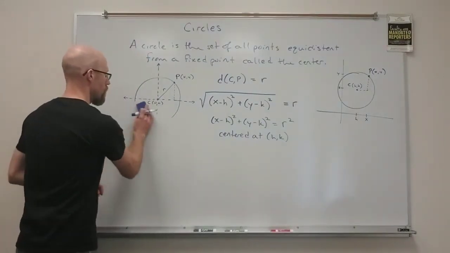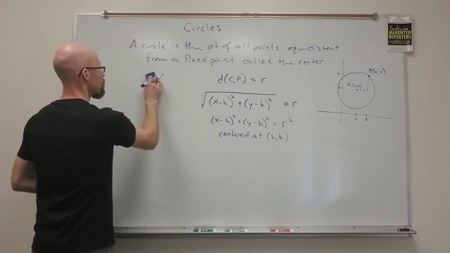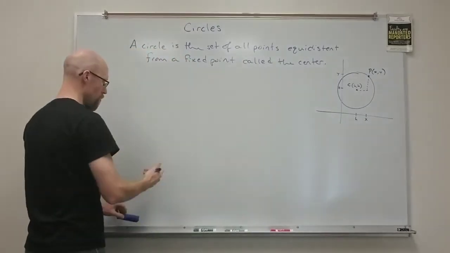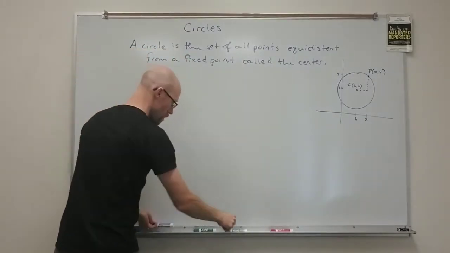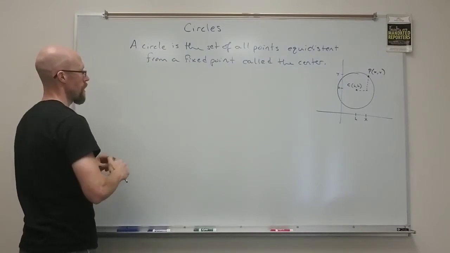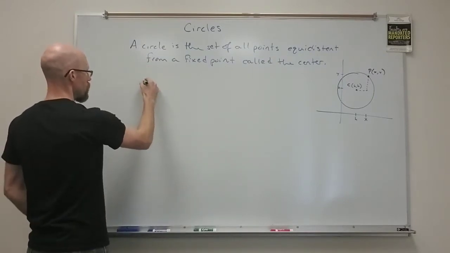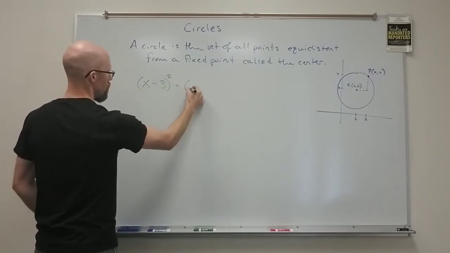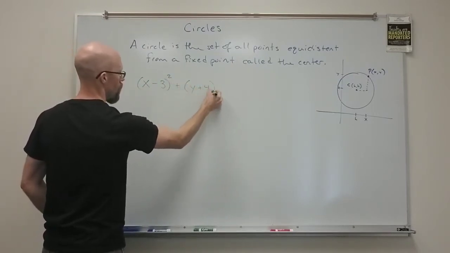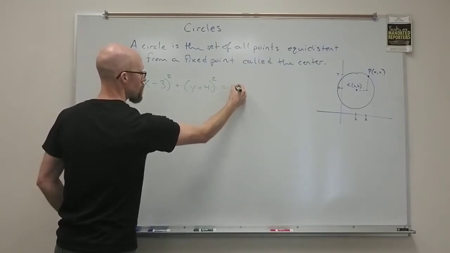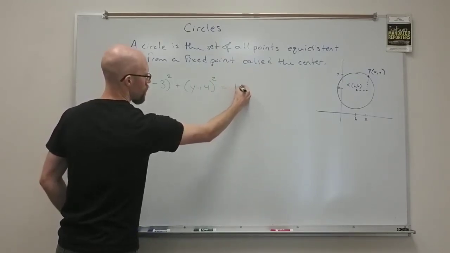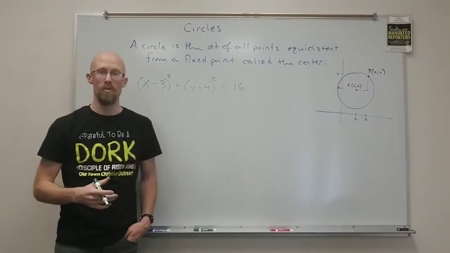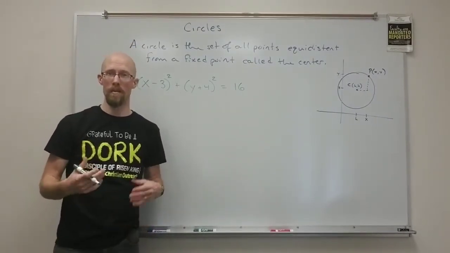And so if I want to plot the graph based upon an equation, so if I had, here's the equation, (x - 3) squared plus (y + 4) squared equals, let's go with 16, then all I have to do is really pick out the center and the radius to get my circle.